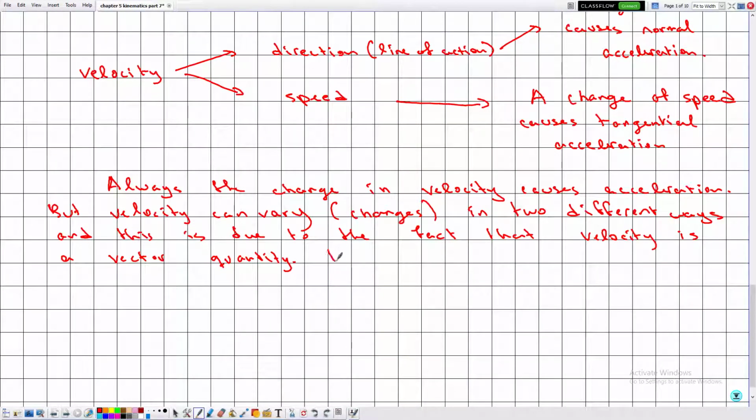Velocity can change in direction and in magnitude. And when I say in magnitude, I mean the speed.